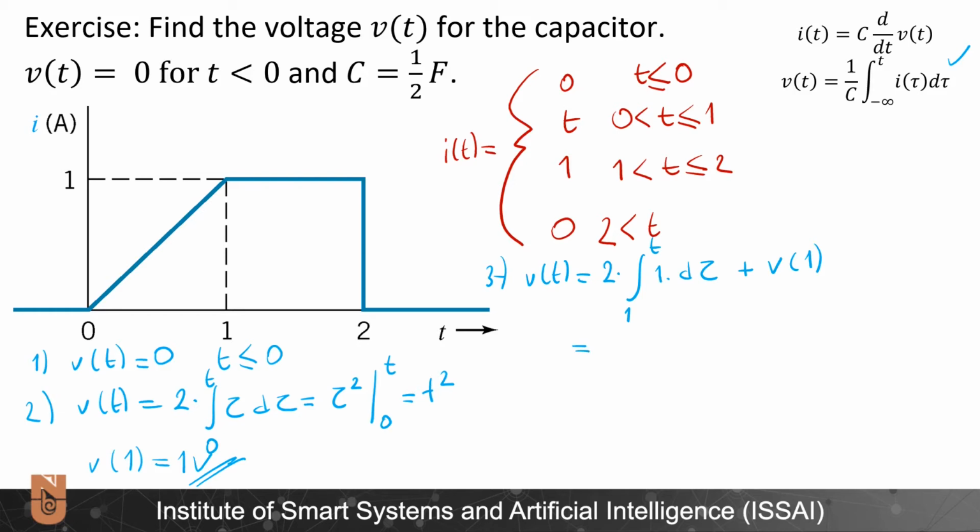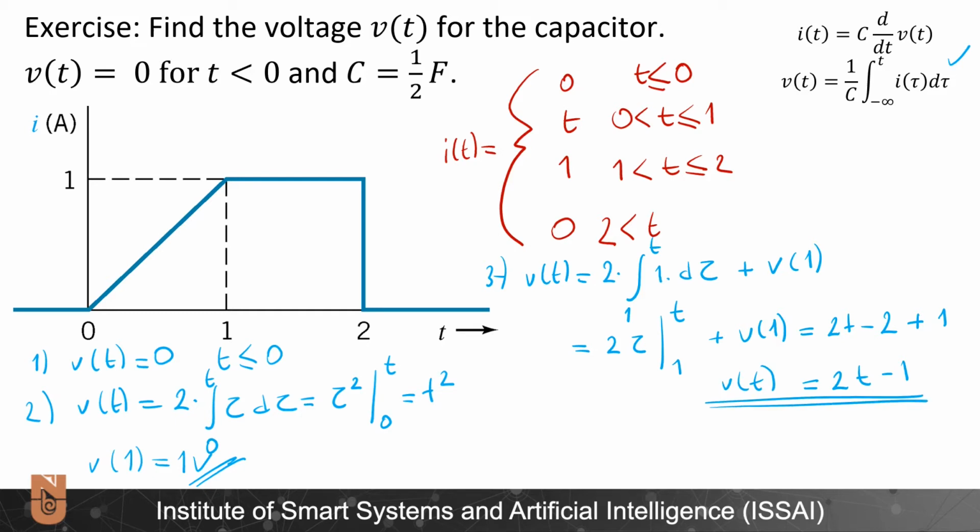Accordingly, this will be equal to 2 tau with integration bounds of t and 1, plus V1, and this will be equal to 2t minus 2 plus 1. Accordingly, this will be equal to 2t minus 1. So for the third range, I have this expression.